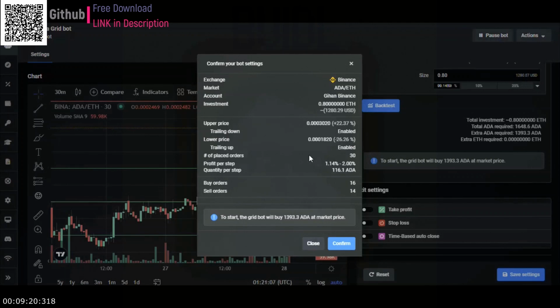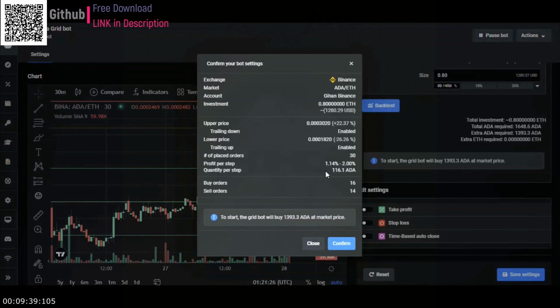Number of placed orders would be 30, the profit per step around 1%, and the quantity per step is 116. So 116 ADA, at the present price of around $0.4 per ADA, I would say is $45 per step.